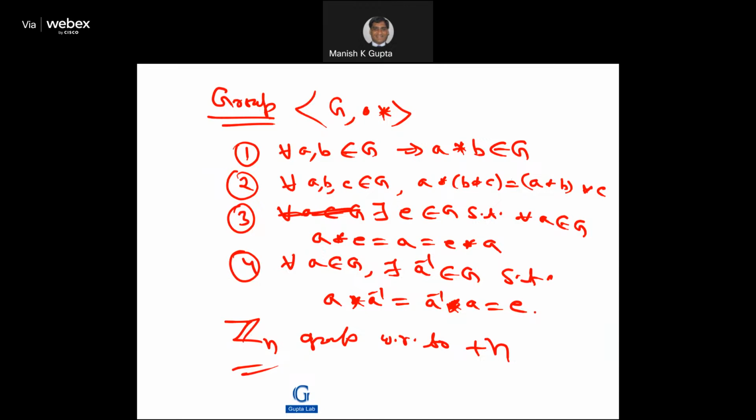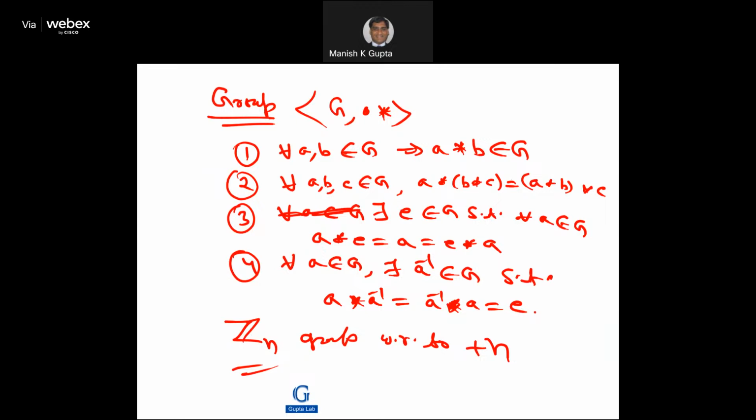While solving the equations, the invention of group was there, and it appears in different places in nature. In geometry, you will find a lot of applications of group theory. In physics, in chemistry, and at many places. So this is a tool which you should know very well, right?